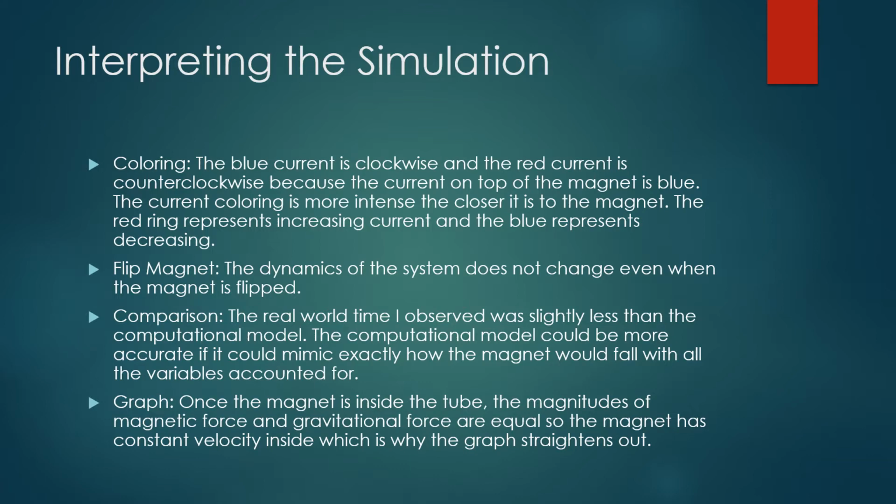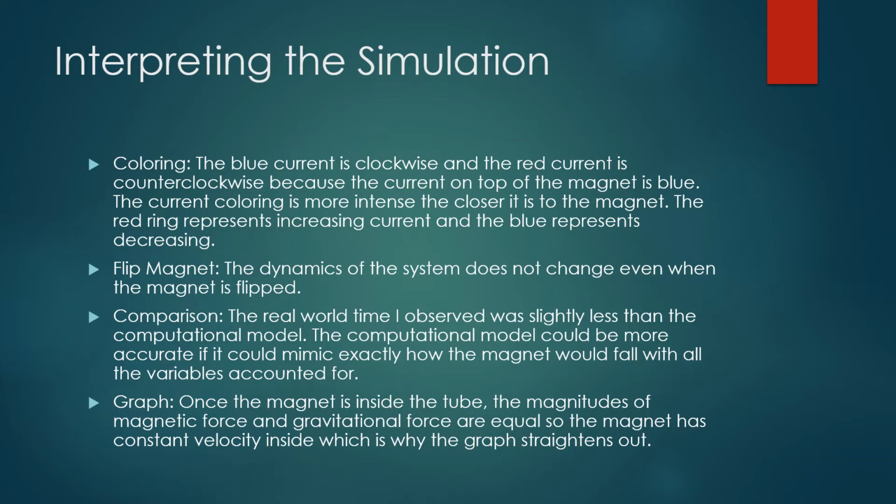So interpreting this, first we interpreted the coloring. I said the blue current is clockwise and the red current is counterclockwise because the current on top of the magnet is blue, and the coloring is more intense the closer it is to the magnet. The red ring represents increasing current, and the blue ring represents decreasing. If the magnet was flipped, I'd say the dynamics of the system do not change.